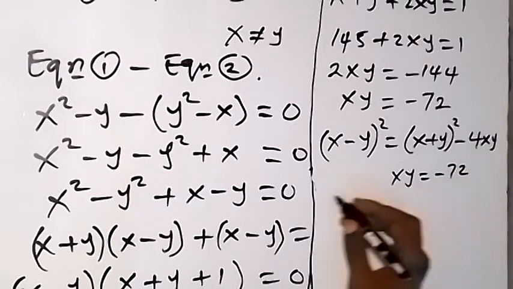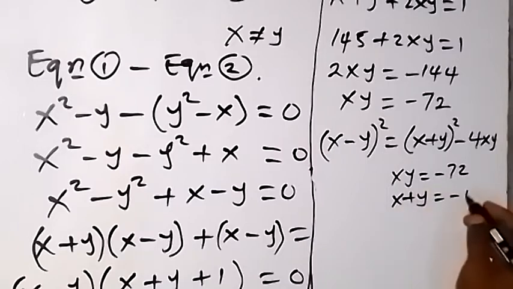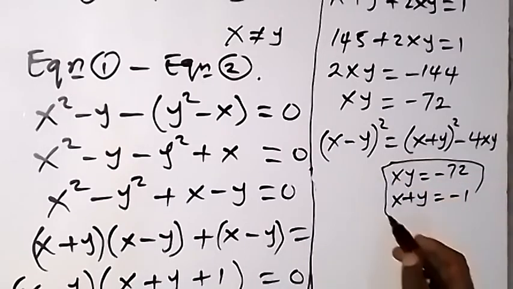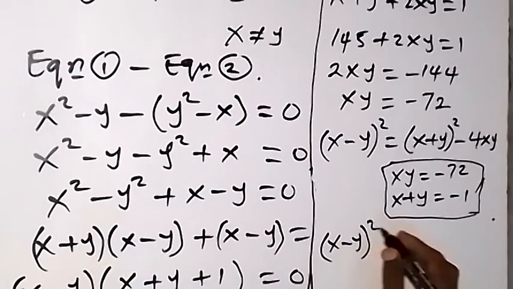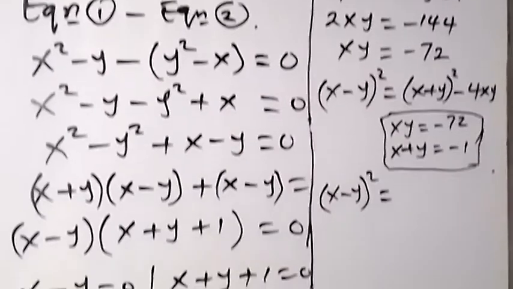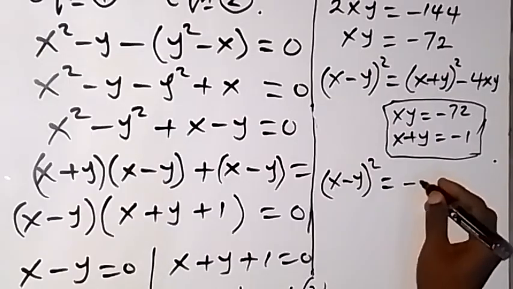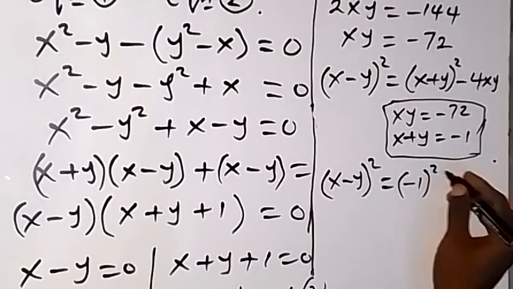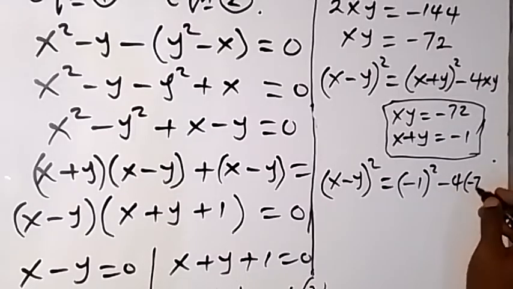And we know that from equation 3 as well, we have x plus y equals minus 1. So now when we use this, we have x plus y to be minus 1. So that means our x minus y all squared can now be written again as minus 1 squared, that's x plus y, then minus 4 times minus 72.